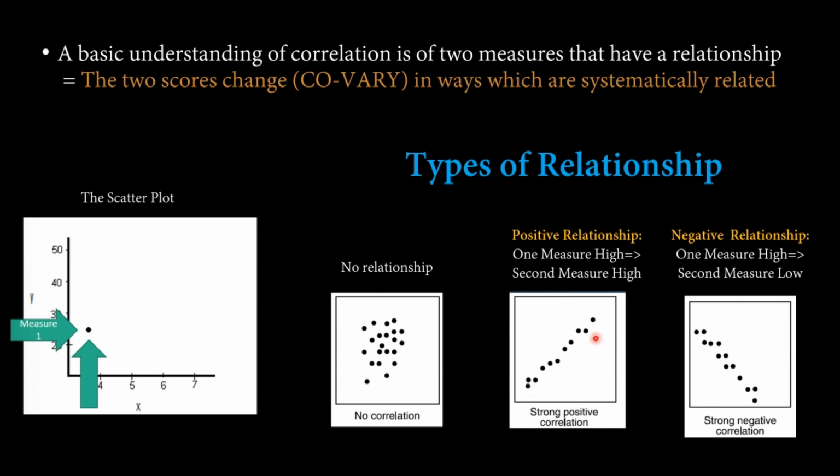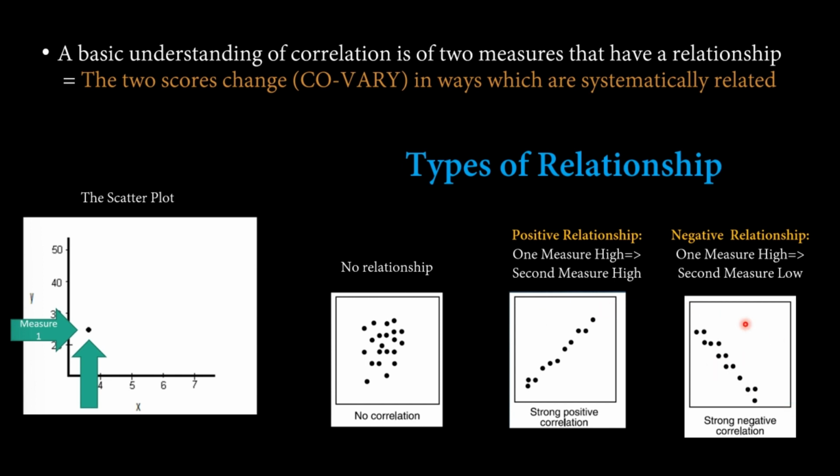This point over here is high on one variable and high on the other variable. So this is a positive relationship in which when one measure is high, the other measure is high. For example, high anxiety is always systematically related to high satisfaction. Is that logical? I don't know, but that would be a positive relationship.